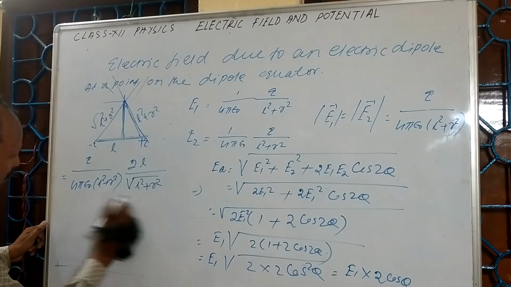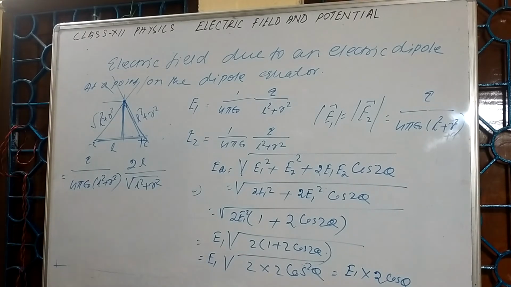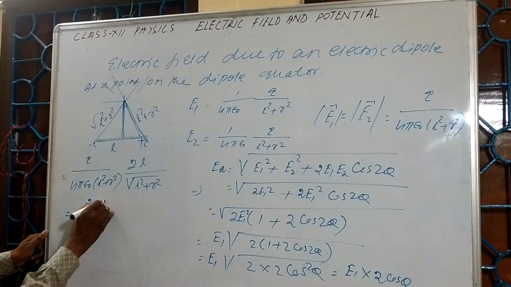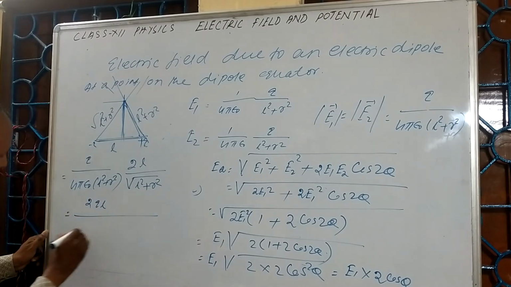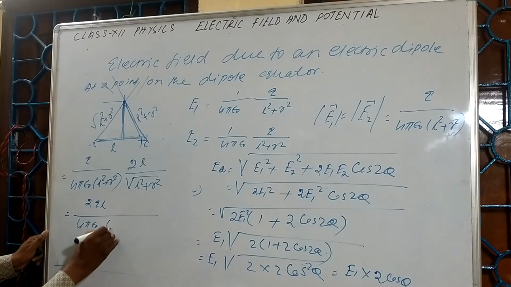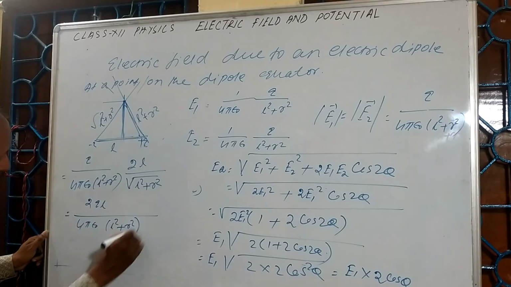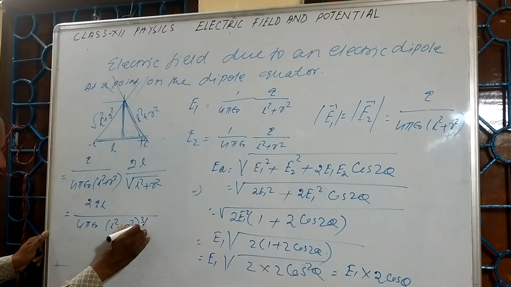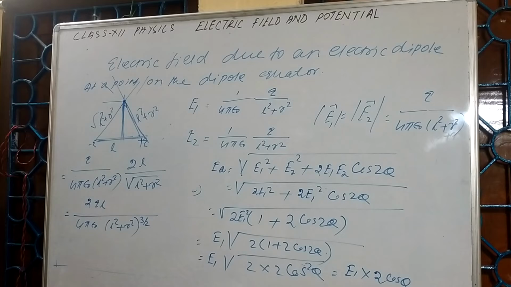So dropping this one, now I can say that 2ql divided by 4 pi epsilon naught into L square plus R square to the power 3 by 2.